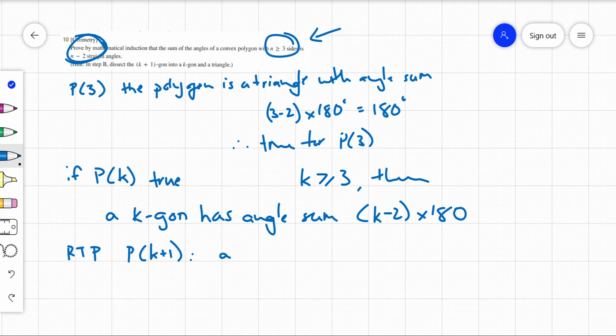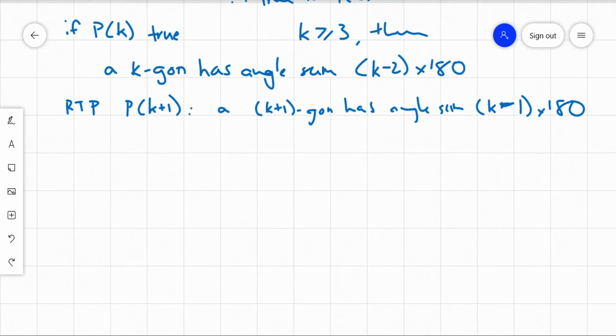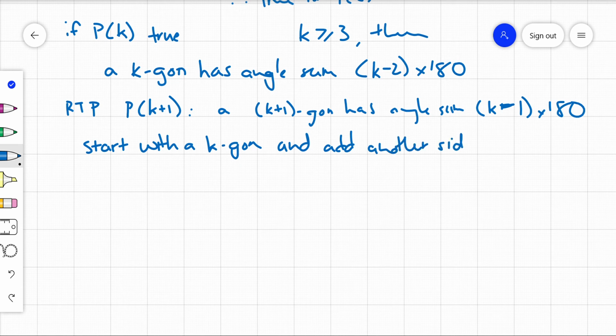That is that a k plus 1 gon has angle sum k plus 1 minus 2, so k minus 1 lots of 180. So what we can do is talk this through: start with a k-gon and add another side, so you've got a k plus 1 gon.